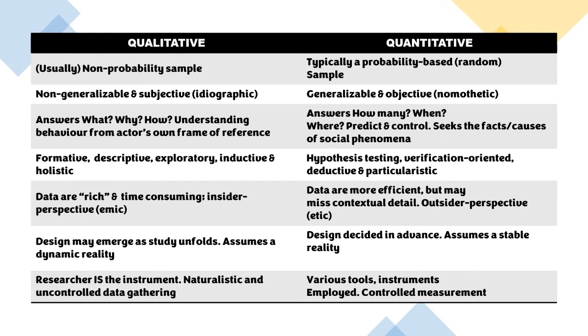Qualitative usually uses a non-probability sample, whereas a quantitative orientation would typically use a probability-based sample or a random sample. In other words, every element that I select in my sample must have a known and an equal chance of being selected in my sample when I'm going quantitative.